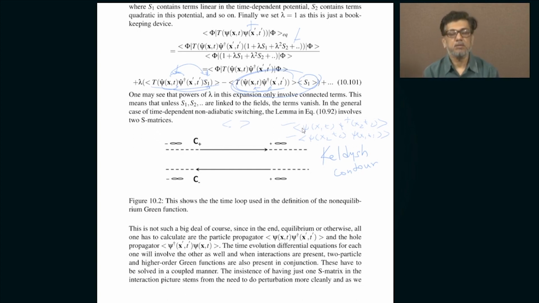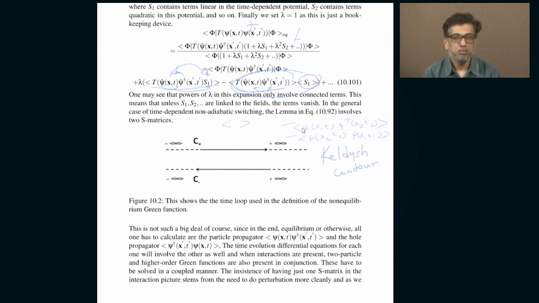So, that is all you have to keep in mind, that basically that is the only difference between a truly isolated system versus a system that is in contact with some surroundings. The meaning of the brackets differs, but otherwise in both situations you are simply called upon to calculate either the particle Green's function or the hole Green's function, that is all there is to it.